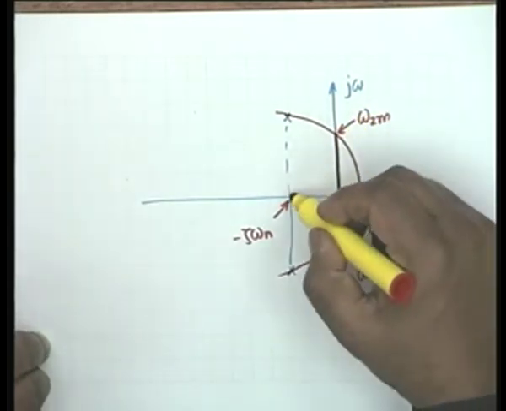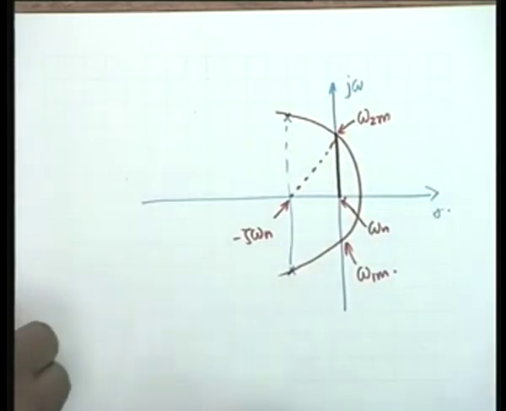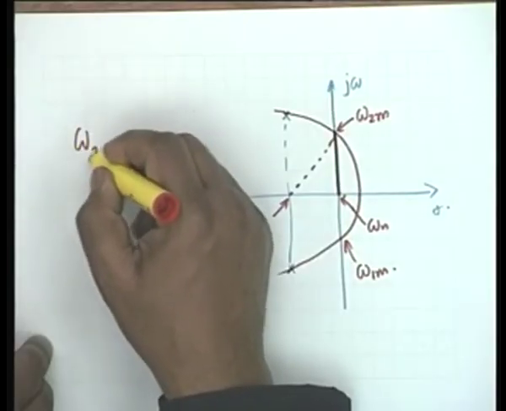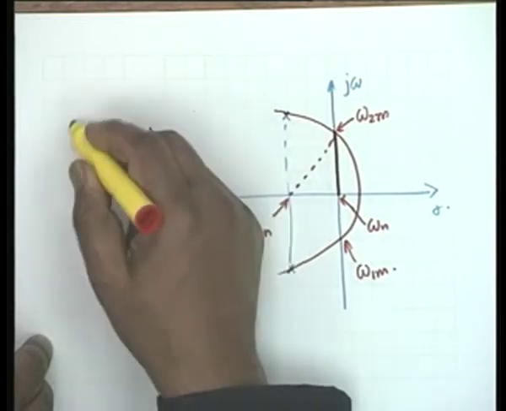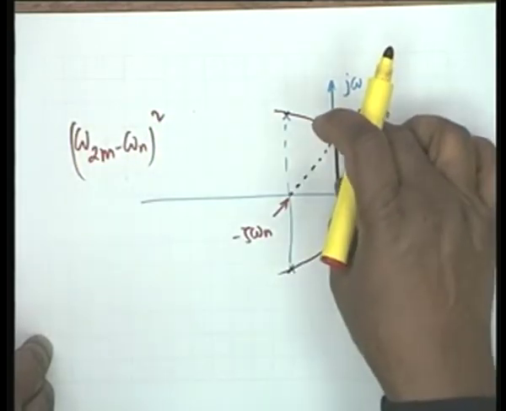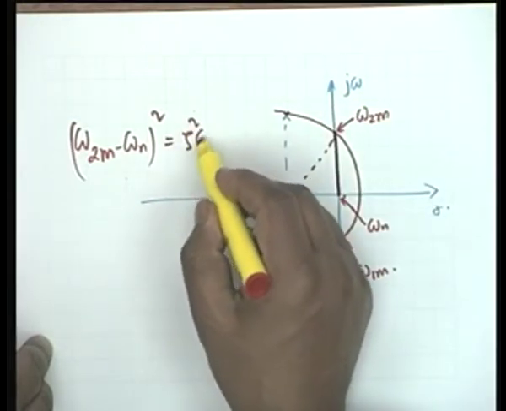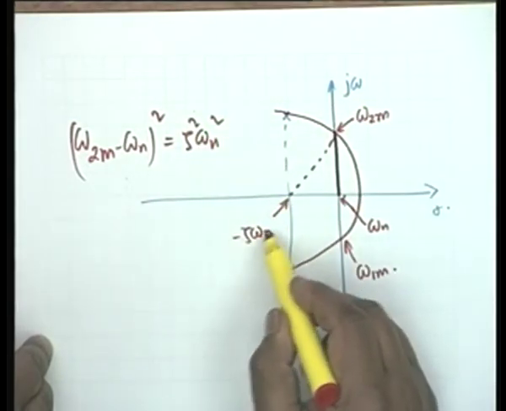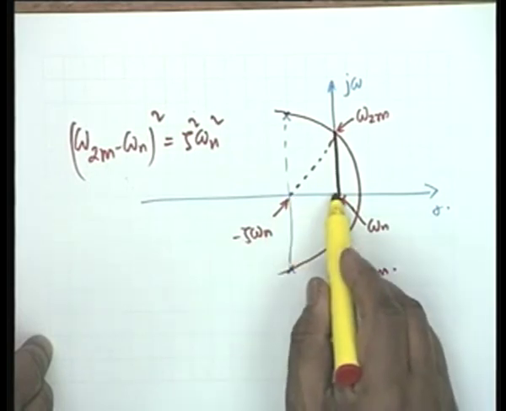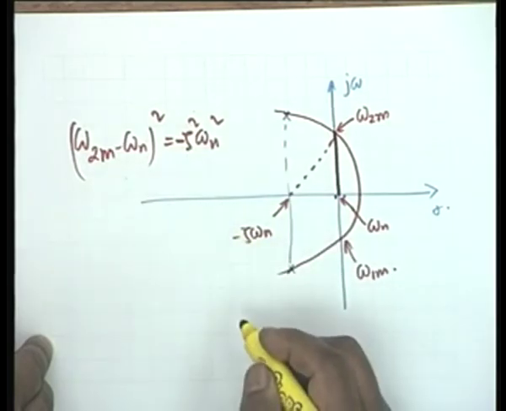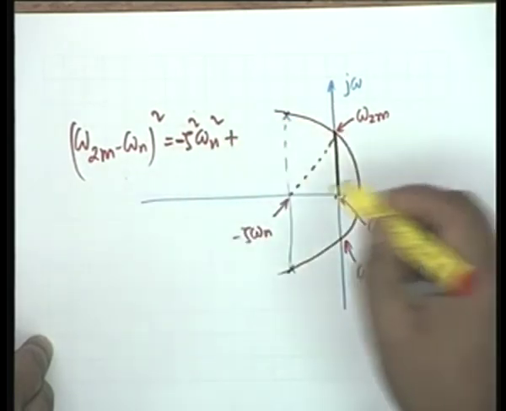Obviously it can be found out from this right angle triangle. You can write omega 2m minus omega n whole squared, that is this squared, equal to zeta squared omega n squared, this distance squared, minus of this, plus what is this?